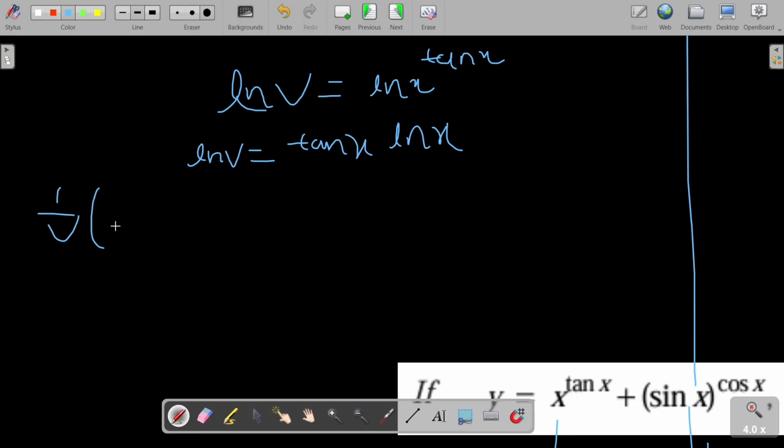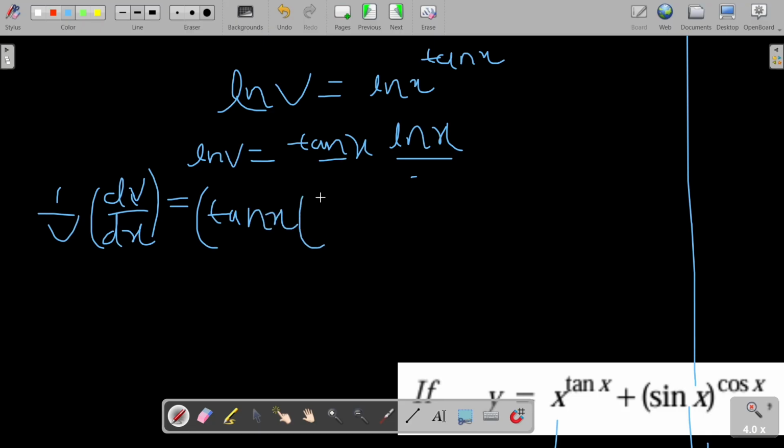I can differentiate with respect to x. So I get 1 by v for ln v, and I need to differentiate this thing right here with respect to x using the chain rule. This is tan x times ln x, a product, so we use the product rule for these two functions. tan x times the differentiation of ln x, which is 1 over x, plus ln x into the differentiation of tan x, which is secant square x.